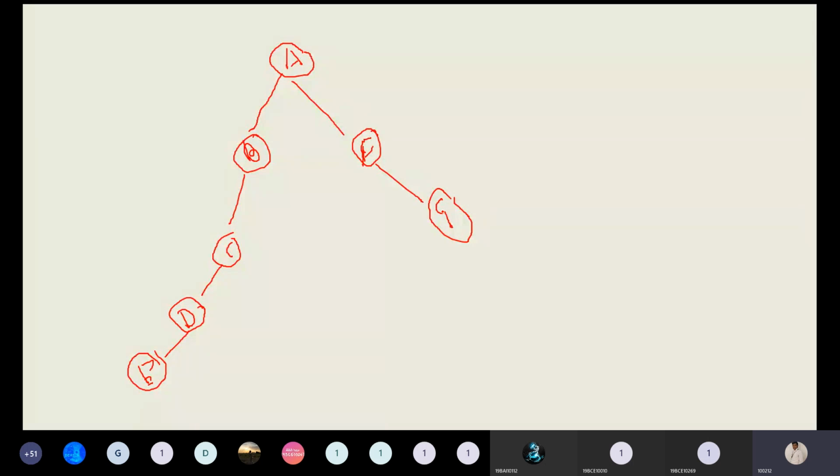Please see, I'm drawing on the left part here, and I'm drawing on the right part only. It doesn't mean anything to take only left or right, because it is a general tree I'm taking here for understanding the basic concept. You can also draw it like this.